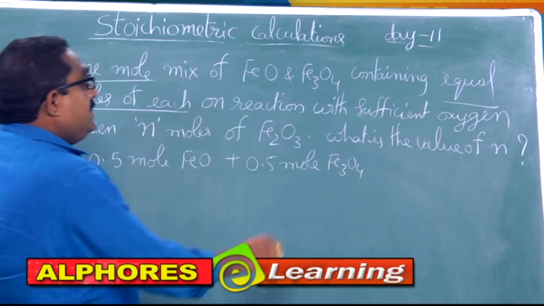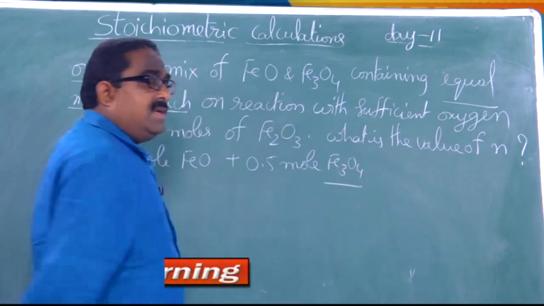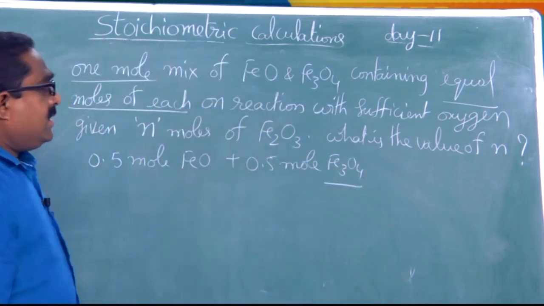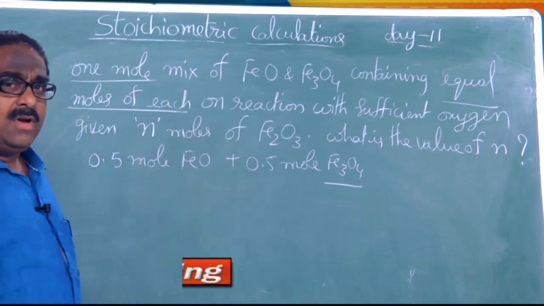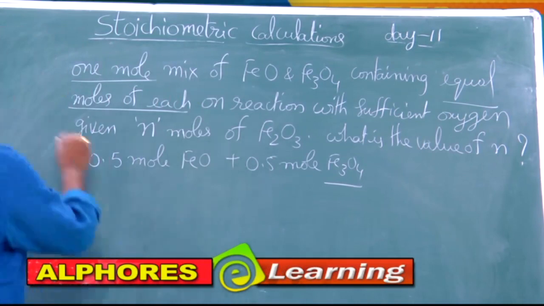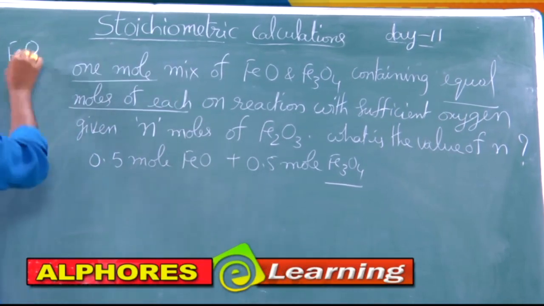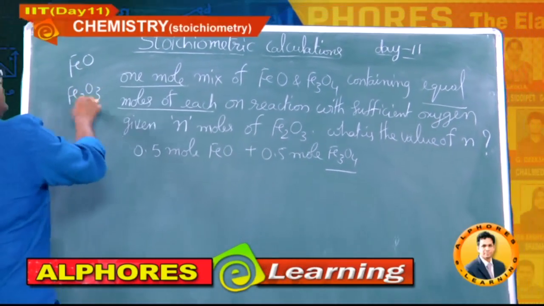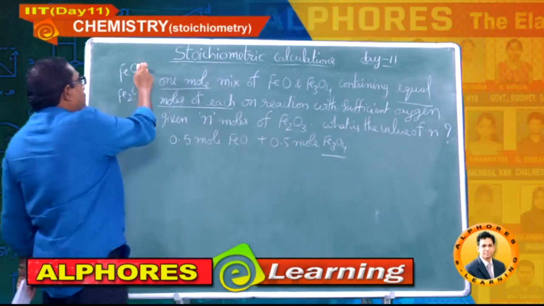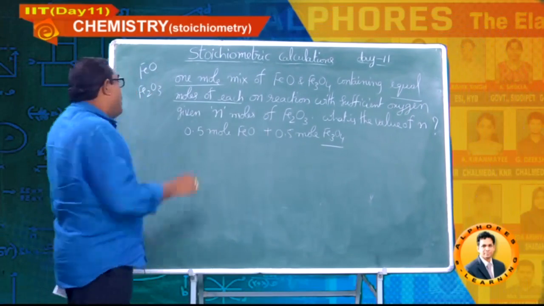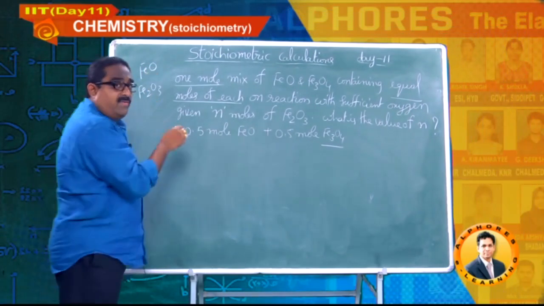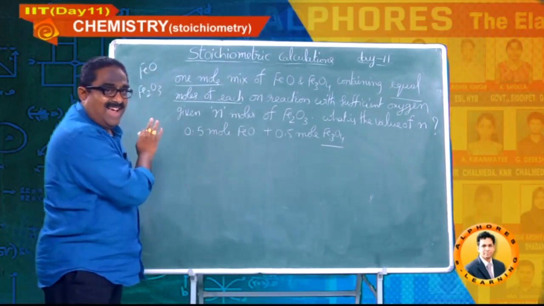Okay. And this data you need is a mixed oxide. Iron has 2 types of oxide: ferrous oxide and ferric oxide. Ferrous oxide has less oxygen, ferric oxide has more oxygen. Based on oxidation state also we can define, but as of now I have taught like that.